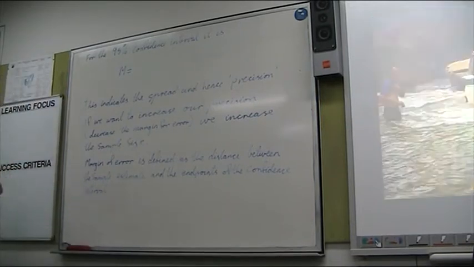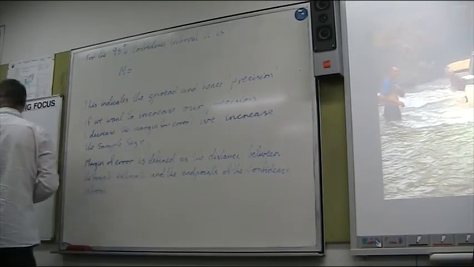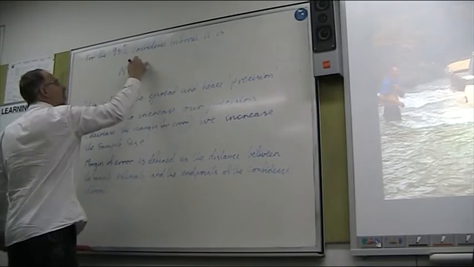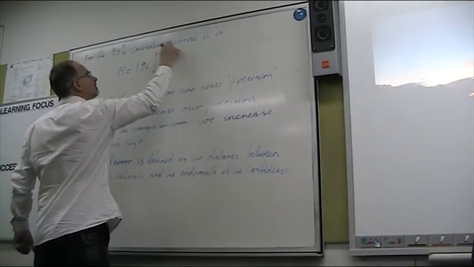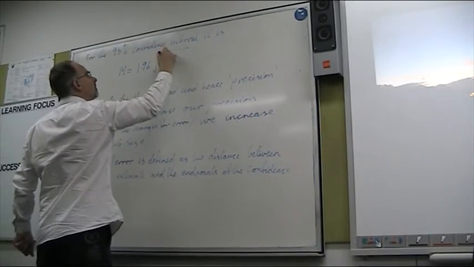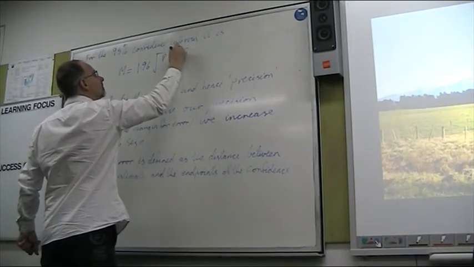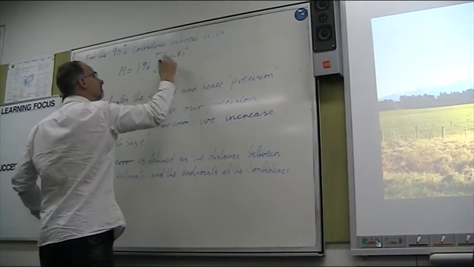Use M for margin of error. It's this number again, the 1.96 times the square root of the sample proportion times 1 minus the sample proportion over sample size.